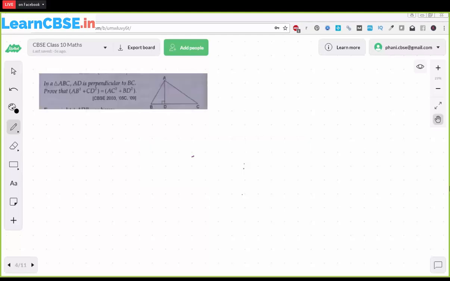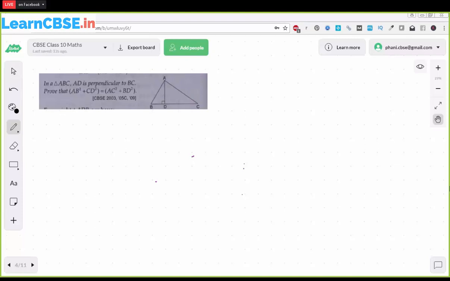This is the next question given. It's given in the triangle ABC, AD is the perpendicular to BC. We have to prove AB square plus CD square equals AC square plus BD square.